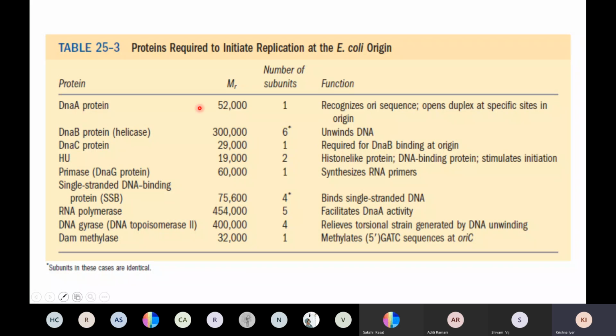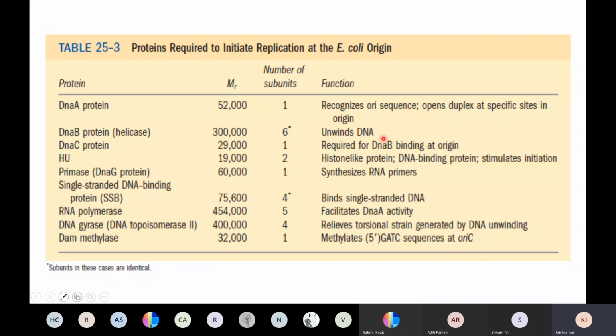Now, in addition to this protein, there are a lot of other proteins which take part in the process of DNA replication. So I'm going to just list them here and tell you a little bit about them, and we'll see what they do in the pictures that come up a little later. Then there's another protein called DnaB, which is nothing but a helicase. So what does a helicase do? It unwinds the DNA.